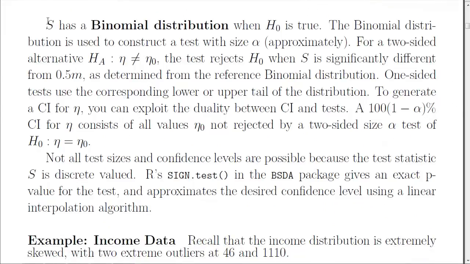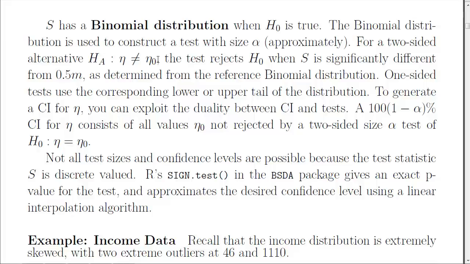S has a binomial distribution when the null hypothesis is true, sort of like flipping a coin. If the true median is eta naught, then this resorts to a coin flip. The probability of observing a value greater or less than the median is 1/2.